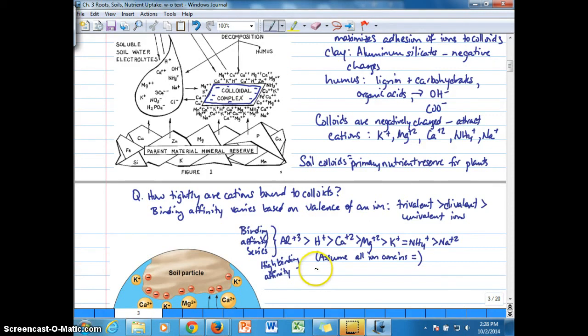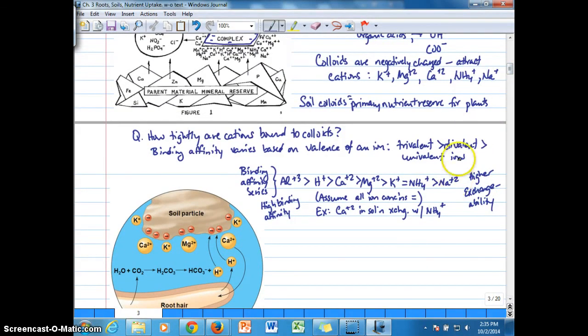So what that means is, say, for example, if calcium ions are in the soil solution, then they exchange, I'm abbreviating heavily here, with something lower in the binding affinity series, assuming the concentrations are equal, such as here, ammonium, which is a plus. We can also assume either that the ion concentrations are the same, or that lower binding affinity ions are less than higher binding affinity ions in concentration. Okay, so then that series would still apply.